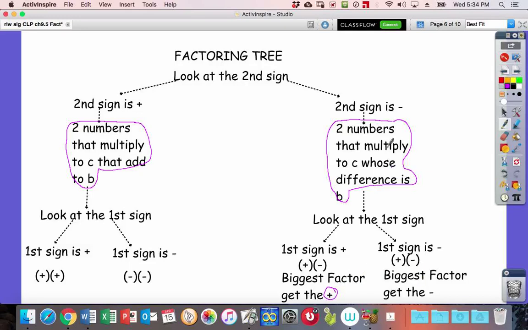On this one, if the first sign was negative, then the biggest factor would get a negative. And it doesn't matter what order these are in, okay? But it does matter that the biggest factor has a plus, or the biggest factor has a negative. And I'm going to show you these. We'll look at them.